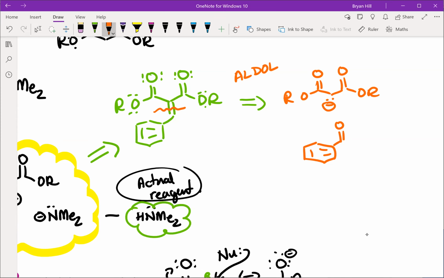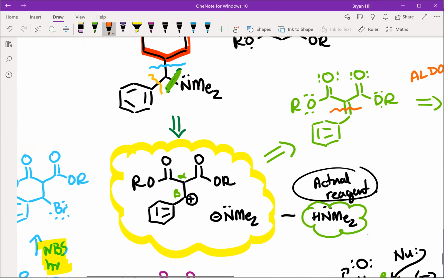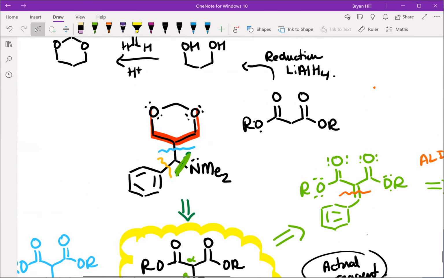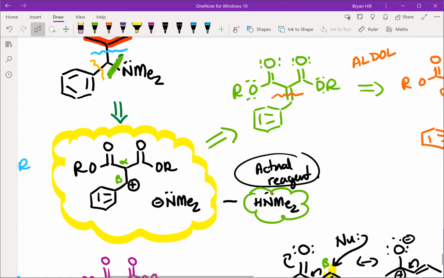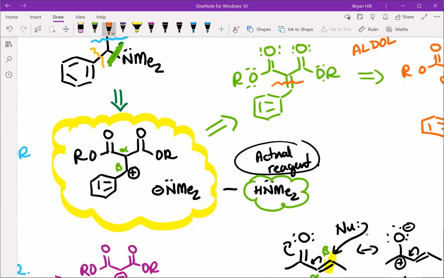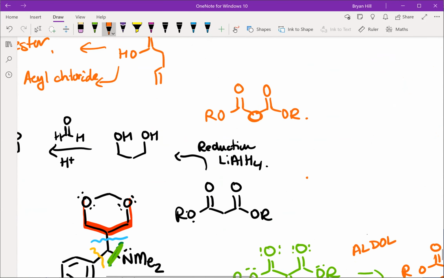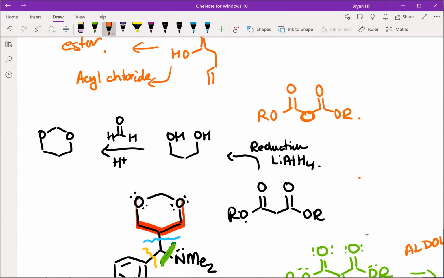But yeah, so this little system here can be made from the diethyl malonate, an aldol type reaction where the product gets dehydrated, followed by a Michael addition using the amine, and then it's just transforming the malonate, reducing it, and then converting it into an acetal.